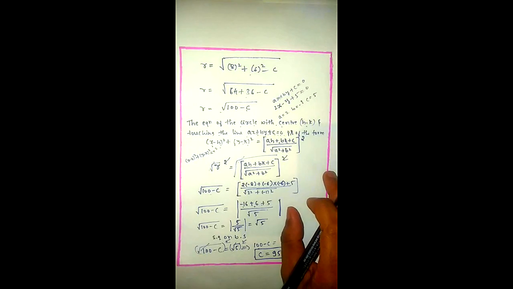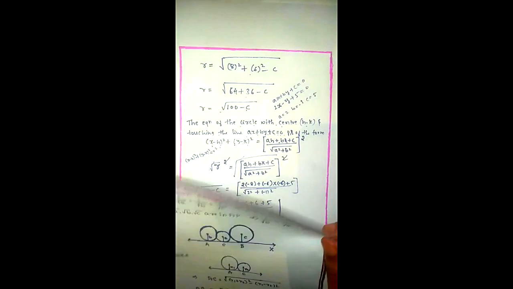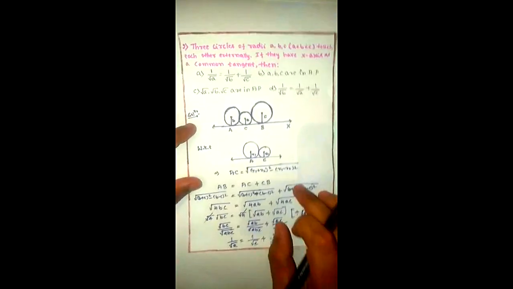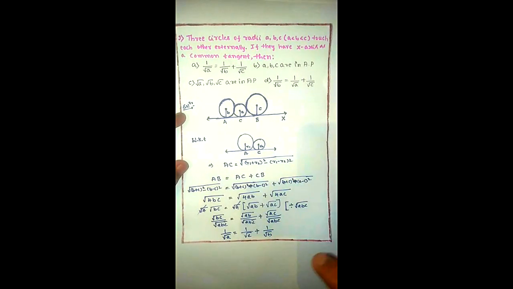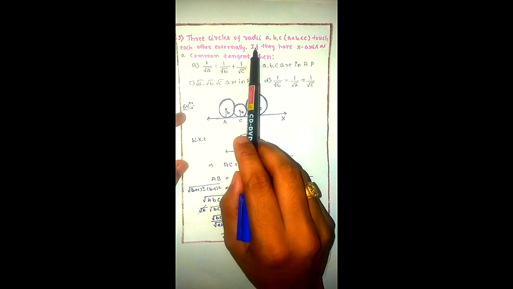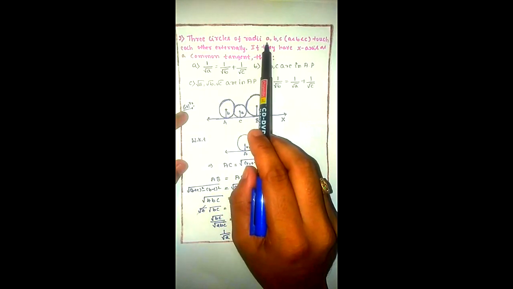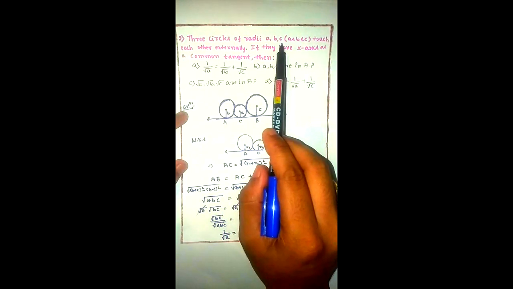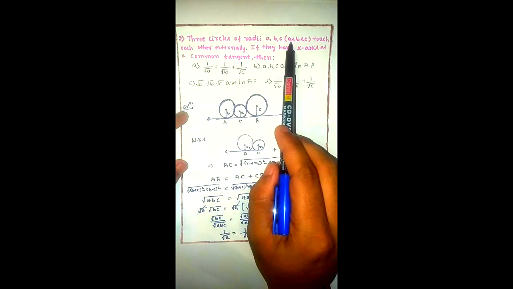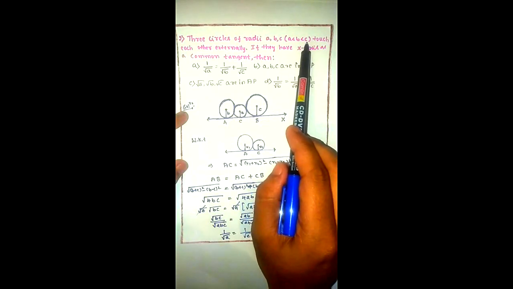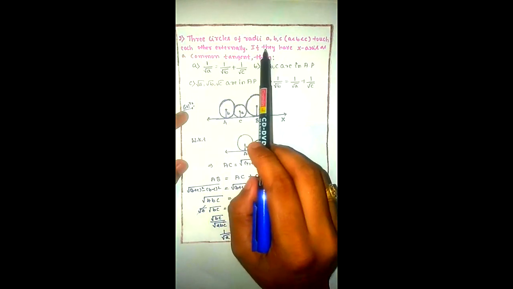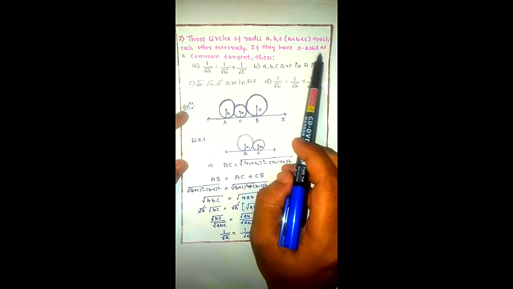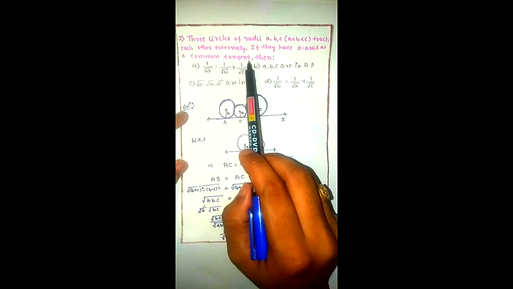Second problem. The second problem is: three circles of radii A, B, C, with the given condition A less than B less than C, touch each other externally if they have the x-axis as a common tangent.